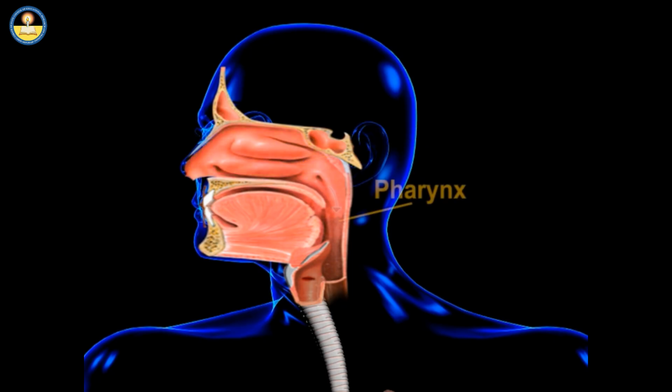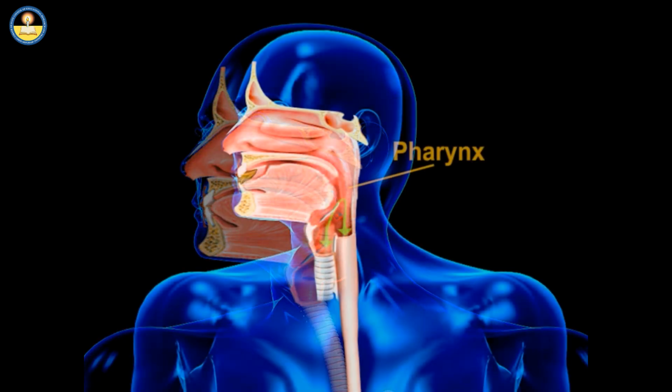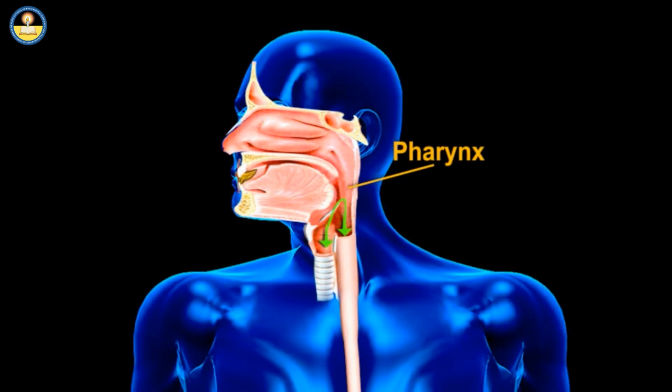The nasal cavity meets the pharynx at the back of the nose and mouth. The pharynx is also called the throat. From here, the passage bifurcates into the trachea and esophagus. The trachea is also known as the windpipe.